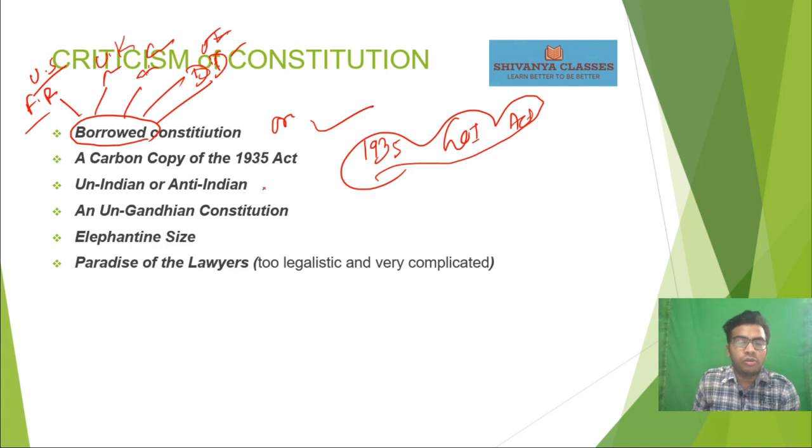A few argued that, and some argued that it is an un-Gandhian constitution. Un-Gandhian means this constitution didn't give importance to Gandhian principles. What are Gandhian principles? Gandhi's freedom, Gandhi's vision, Gandhi's values. Suppose Gandhi's vision was to empower the Panchayat Raj.